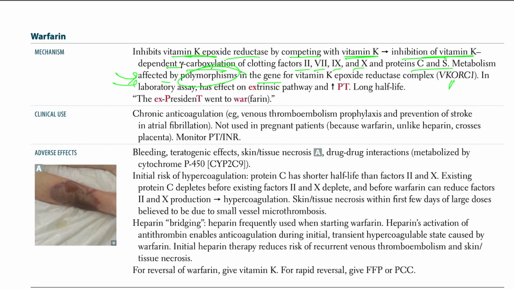In lab assay, it has effect on the extrinsic pathway; heparin affects the intrinsic pathway with an increase in PTT, while warfarin increases PT. It has a long half-life.